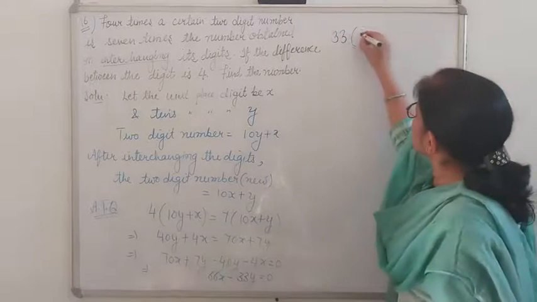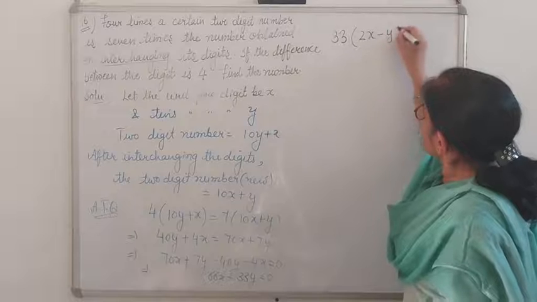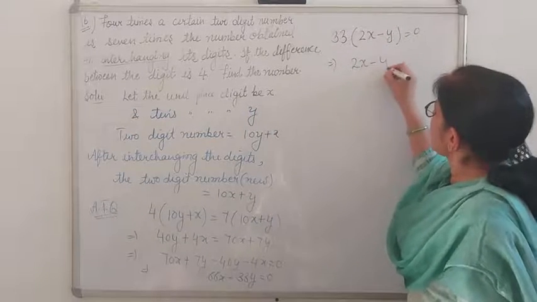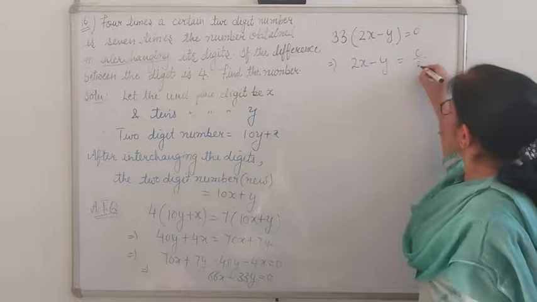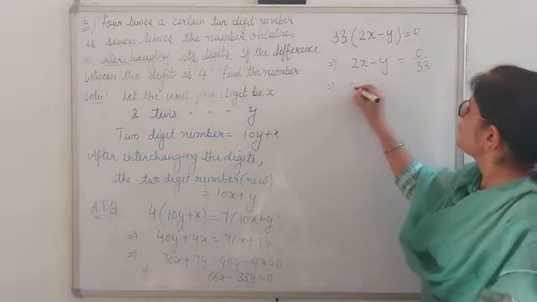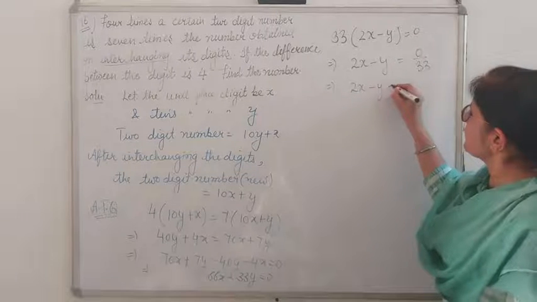So 2x minus y is equal to 0. That means 2x minus y is equal to 0, because if we take 33 below, then 0 only will count. So 2x minus y is equal to 0.